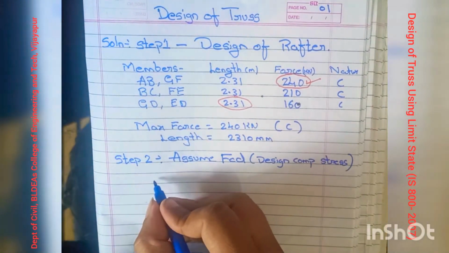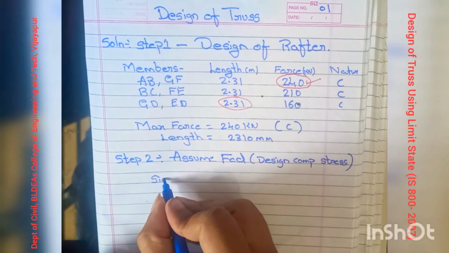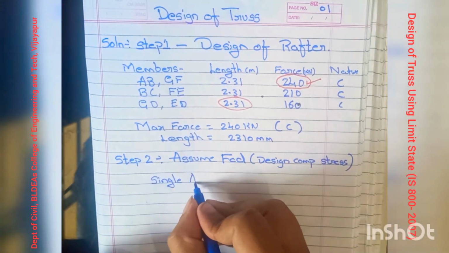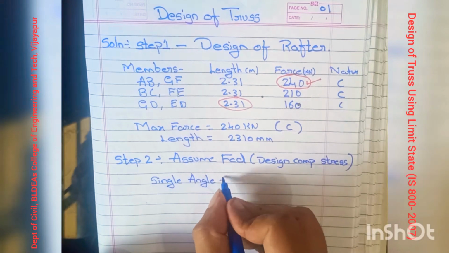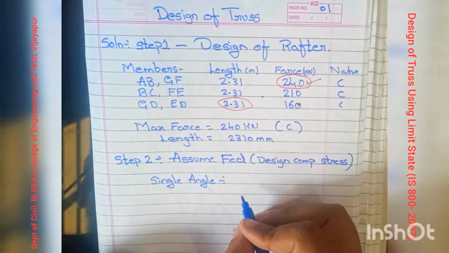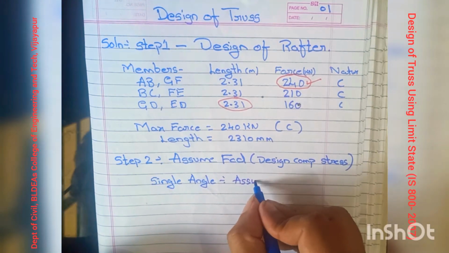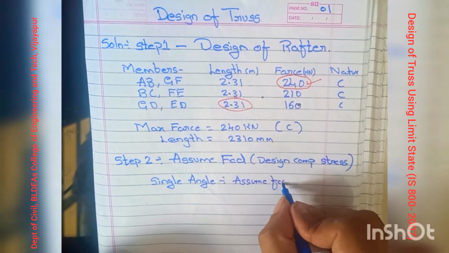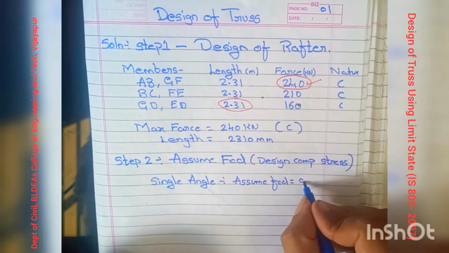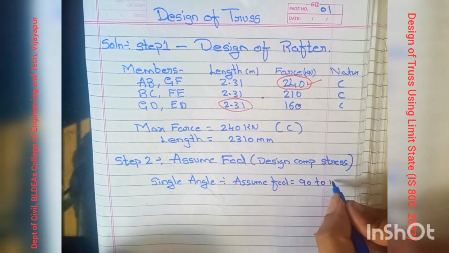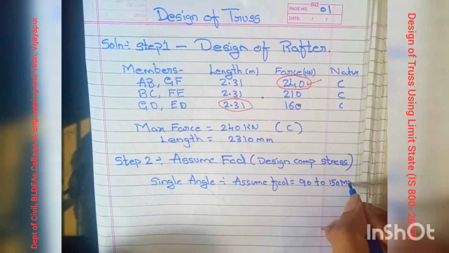If it is a single angle compression member, depending upon the load and experience, we can assume FCD anywhere in between 90 to 150 MPa.